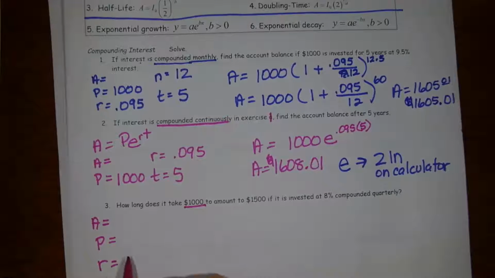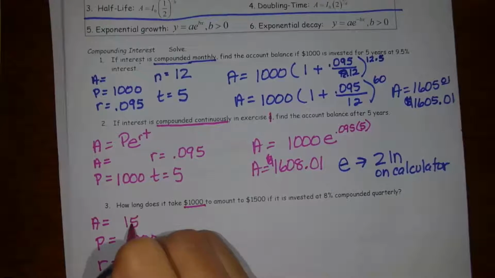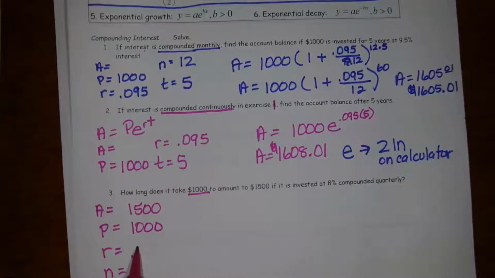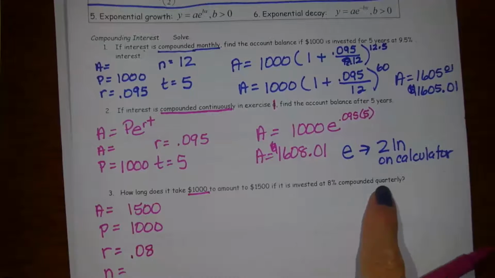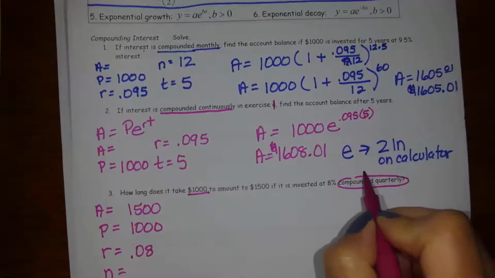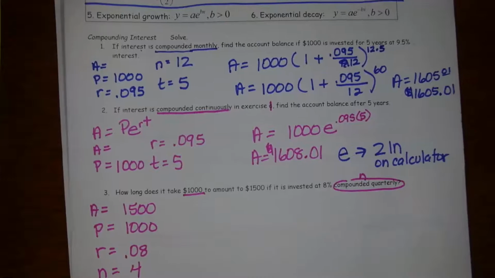Because that's what you're going to put in the bank. Now you want to get 1,500 out. It is invested at 8%, compounded quarterly. Remember, this is your N, and quarterly would mean 4 times per year, right?